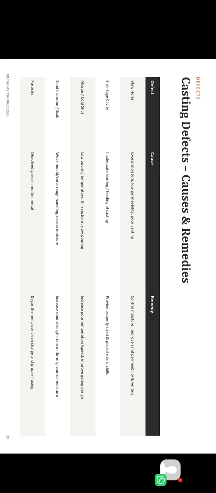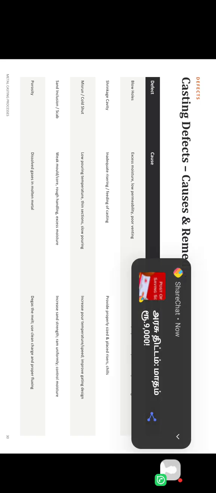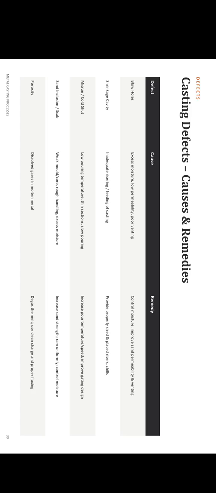Sand inclusion: weak molding or rough handling. Remedy: increase sand strength, ram uniformly, and control moisture. Porosity: dissolved gases in molten metal. Remedy: degassing, use clean charge and proper fluxing. Thank you.